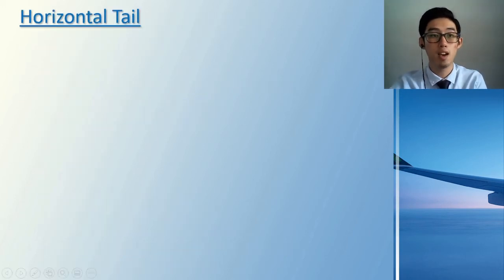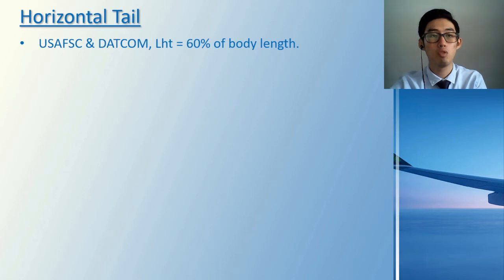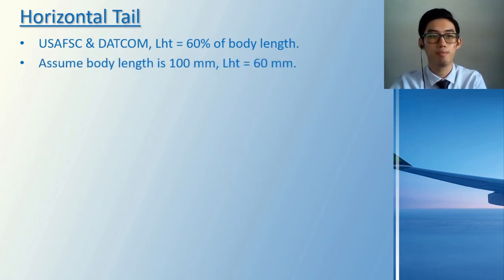For horizontal tail, according to United States Air Force Stability and Control.com, the position of horizontal tail needs to be 60% of body length. I assume the body length is 100 mm. Therefore, the position of horizontal tail is 60 mm.